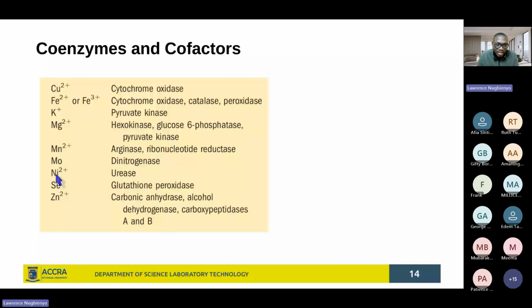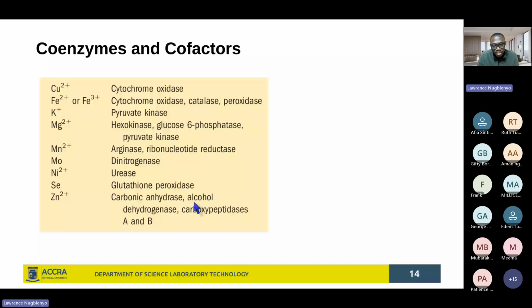These are cofactors to urease. We also saw urease involved in the hydrolysis of urea. Selenium is a cofactor to glutathione peroxidase. Zinc ion is a cofactor to carbonic anhydrase.